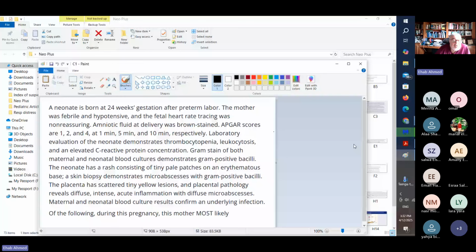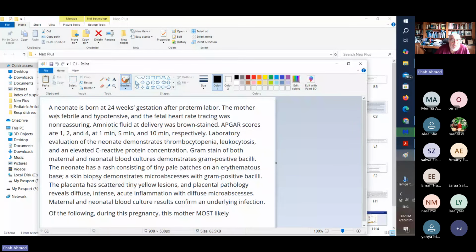Okay, the mother was sick, really sick and febrile. Maybe she had infection. And the fetal heart rate tracing was non-reassuring. This is bad. Amniotic fluid at delivery was brown stained. So we have maternal illness.